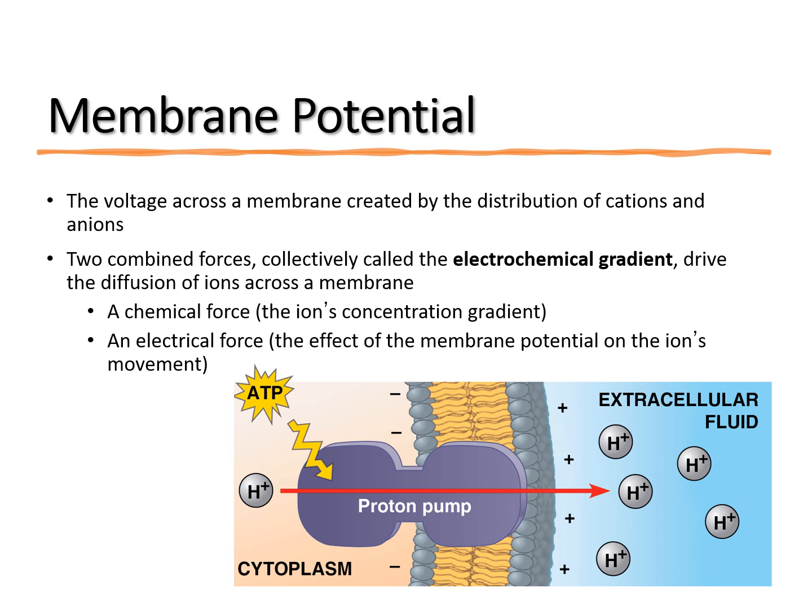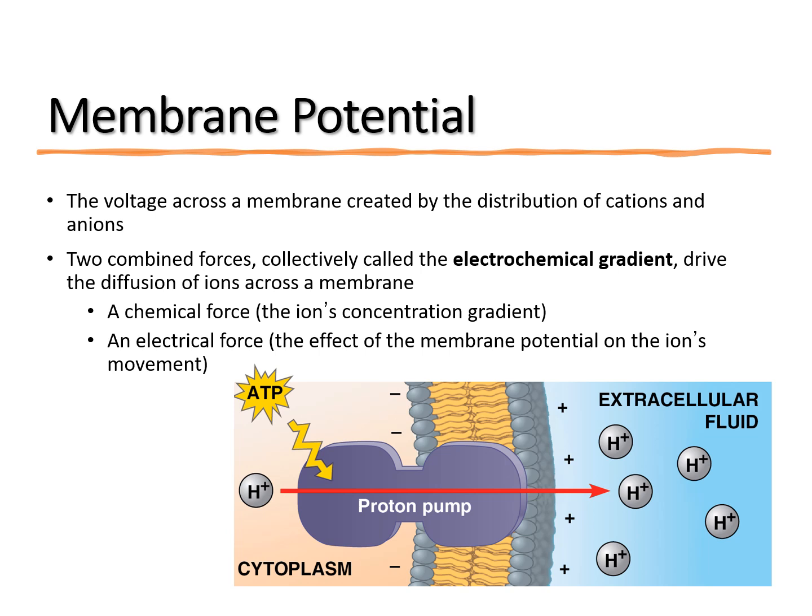As you can see, it's being pumped out of the cell, so positively charged hydrogen ions are being pumped out, and it makes the area around the membrane on the outside a lot more positively charged. So if you look at the two of them, we have an electrochemical gradient.